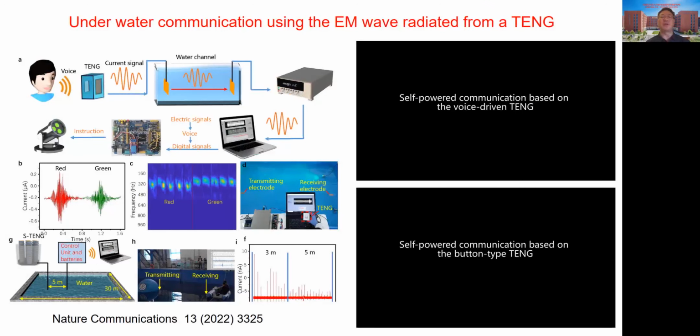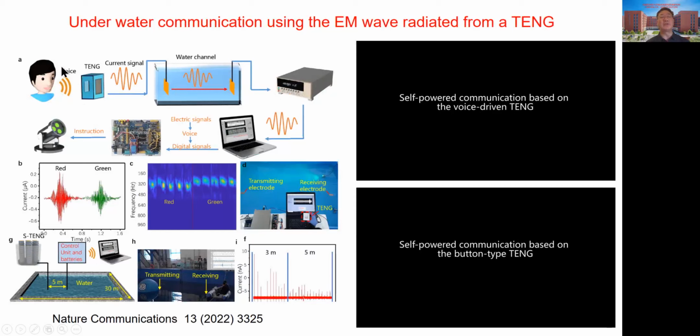Most recently, we have another set of experiments that uses a sonic wave to trigger a TENG. The TENG generates a displacement current which is delivered to the electrode. The electrode goes through water a few meters away to reach a receiver, then the receiver does the control.